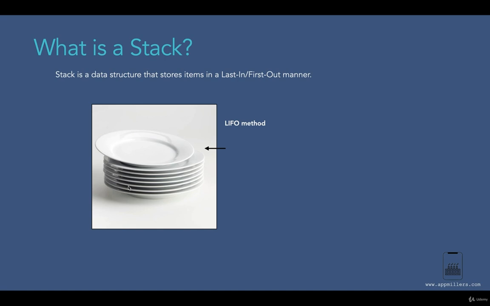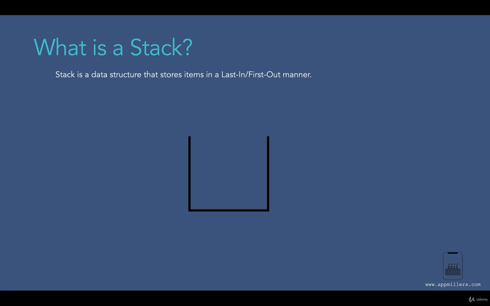Similarly, the stack data structure follows the same property: whichever element comes last has to be taken out first. So let's quickly see an example of a stack data structure in the computer science world. Here we have a stack which follows the LIFO method. First we insert 10, then we insert 20, then 30, then 40.